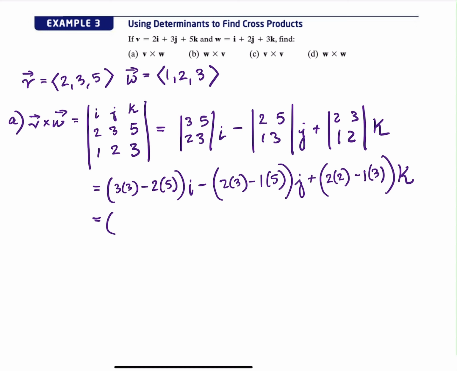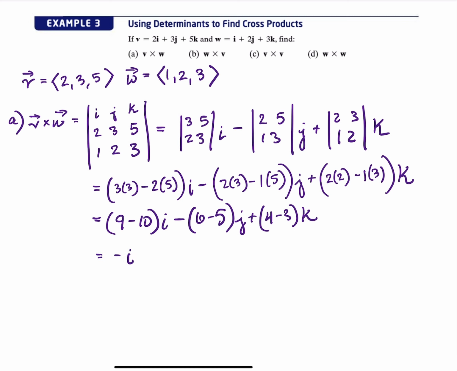So that will give us again our 9 minus 10, I, minus 6 minus 5, j, plus 4 minus 3k, or negative 1i minus 1j plus 1k.